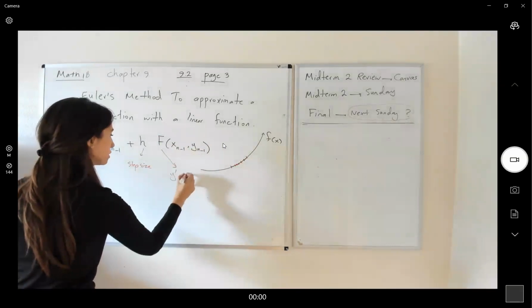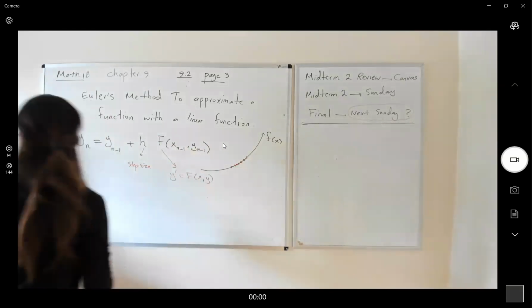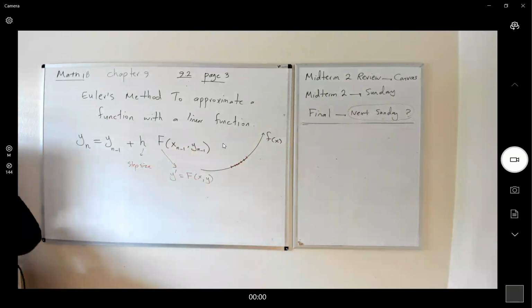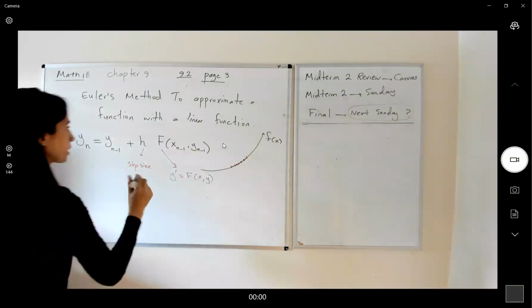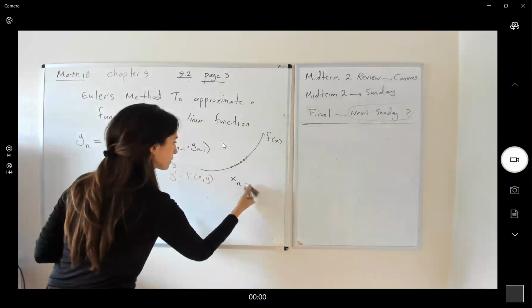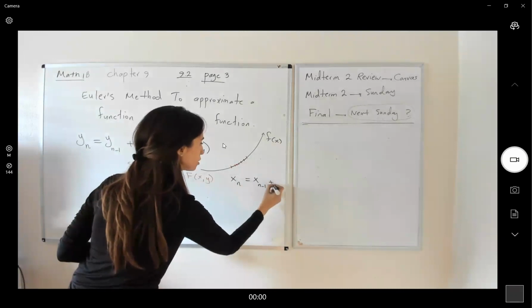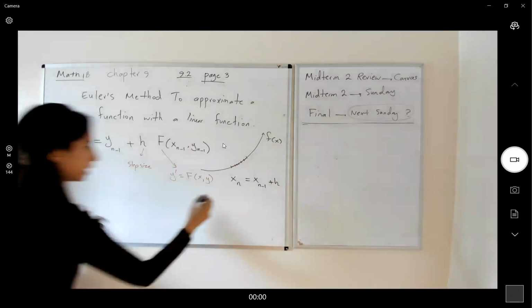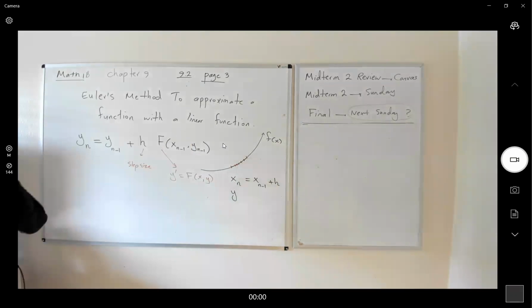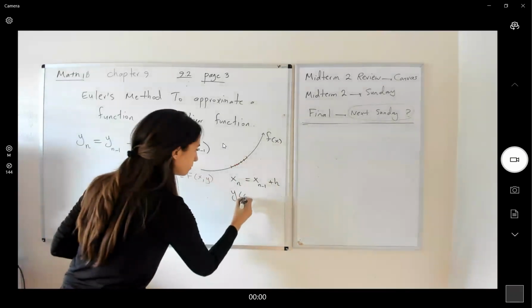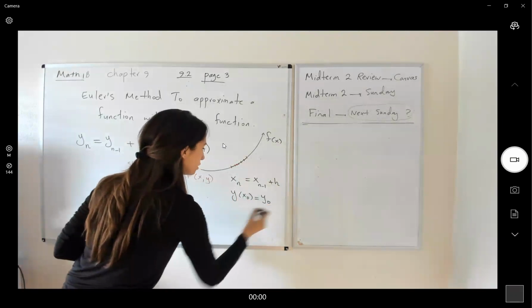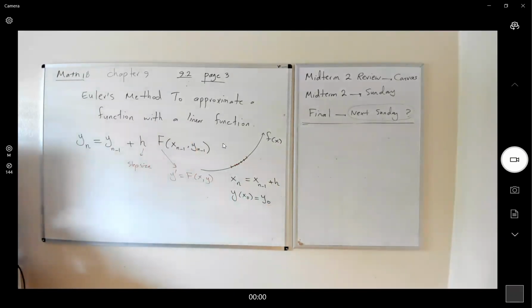Y prime is equal to f of x and y. And note that xn is equal to xn minus 1 plus h. And y at x of 0 is denoted by y sub 0. There you go. One example for you to see what's going on here.